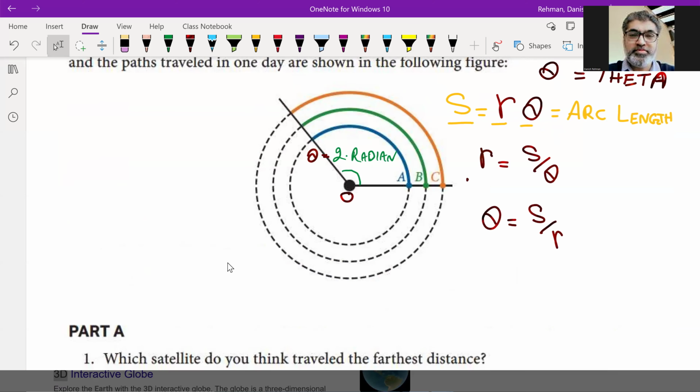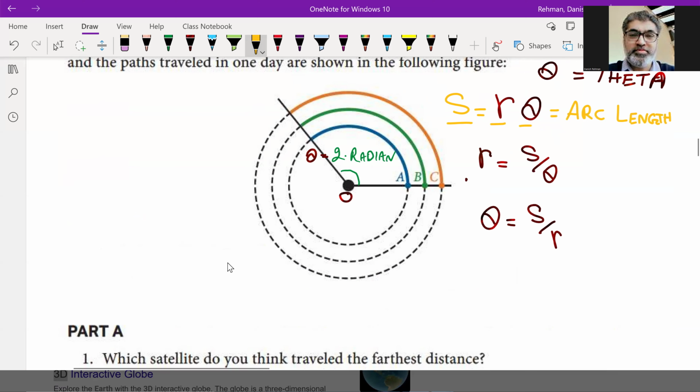What did we mean? If I'm trying to look at the complete orbit of the satellite C, that's the complete orbit, right? Do we agree with that? This is a complete orbit.